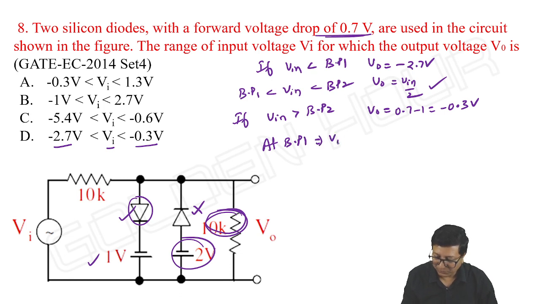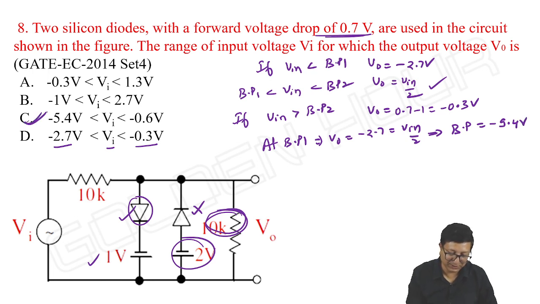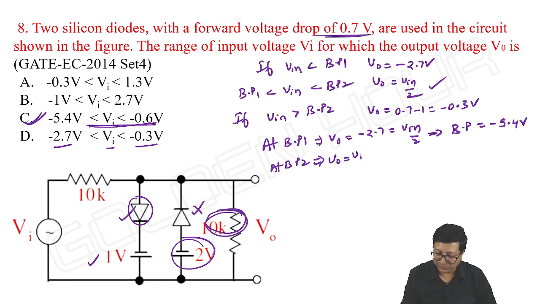what can we write? Output is equal to minus 2.7 is equal to input by 2, implies breakpoint 1 is equal to minus 5.4 volt. Here only we can see option C. This is the range of input, no? Okay, if input is in between minus 5.4 and at breakpoint 2, output is equal to input by 2 is also equal to minus 0.3, implies breakpoint 2 is equal to minus 0.6 volts.